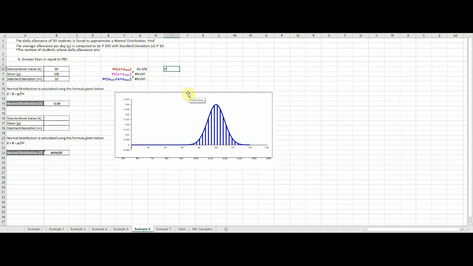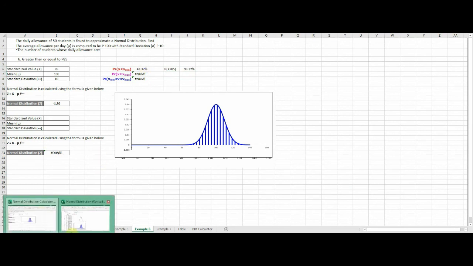How are we going to solve for the actual probability? Since we're talking here of greater than or equal to 85, what are we going to do? We're going to add 0.5 to the probability because 85 is on the left side of the average. Now let's put the value here.